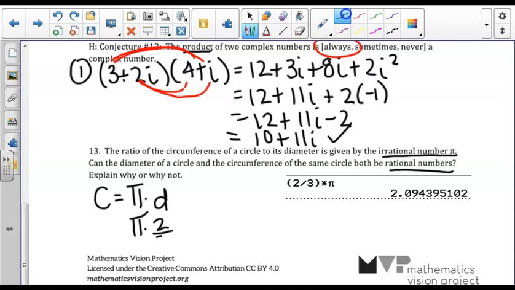So in the calculator here to the right, I plugged in 2/3 as my diameter, and my output was 2.09. It was an irrational number. So that tells us that when we plug in a rational number for the diameter, we will not get a rational answer for the circumference. So this is no. We can't multiply an irrational number by a rational number and still get a rational number.